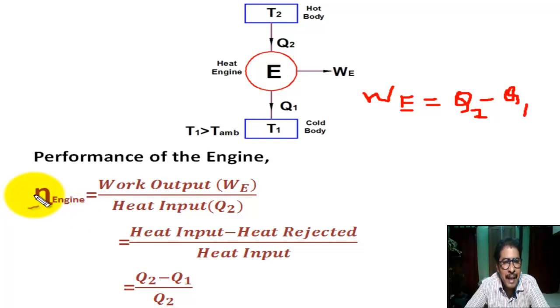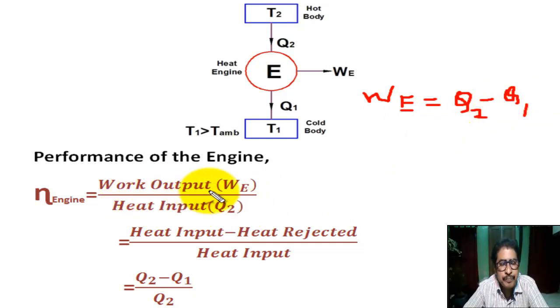Efficiency of engine, eta engine equal to work output WE by heat input Q2, heat input Q2, heat delivered to engine Q2. Work output WE equal to Q2 minus Q1.